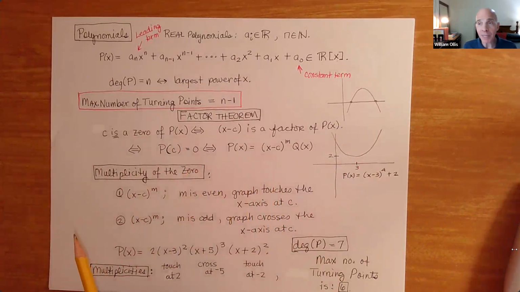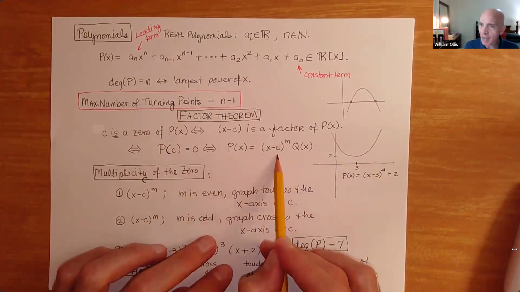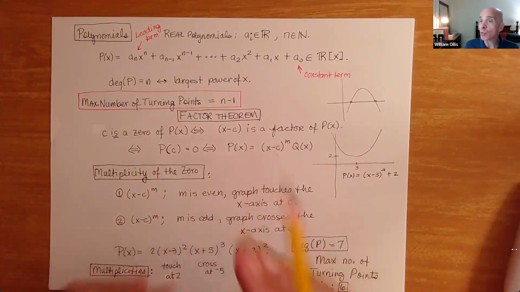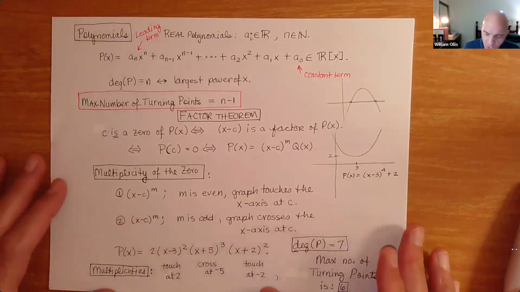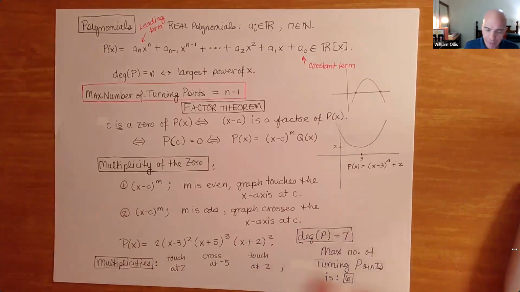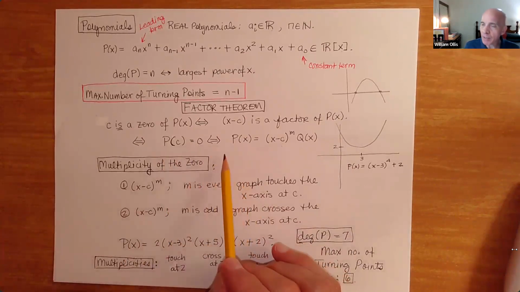We will not formally state it until later, but we need to understand that if a polynomial has a 0, then it must necessarily have this form in order to create the 0 when we actually replace x with c, okay? So again, zeros of the polynomial, very important.